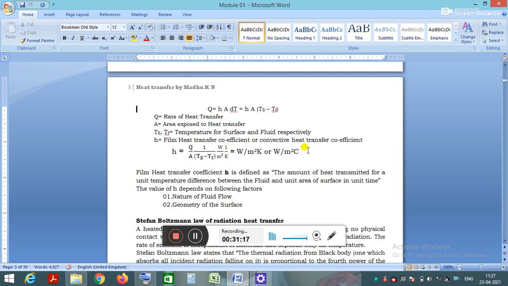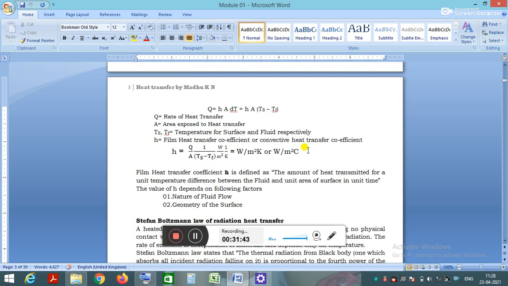And this film heat transfer coefficient, denoted by the letter small h, is defined as the amount of heat which is transmitted for a unit temperature difference between the fluid and unit area of the surface in unit time.